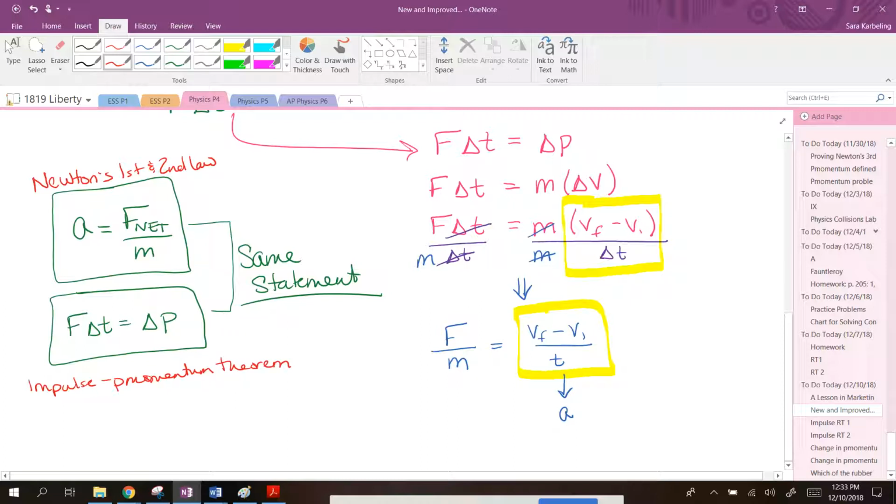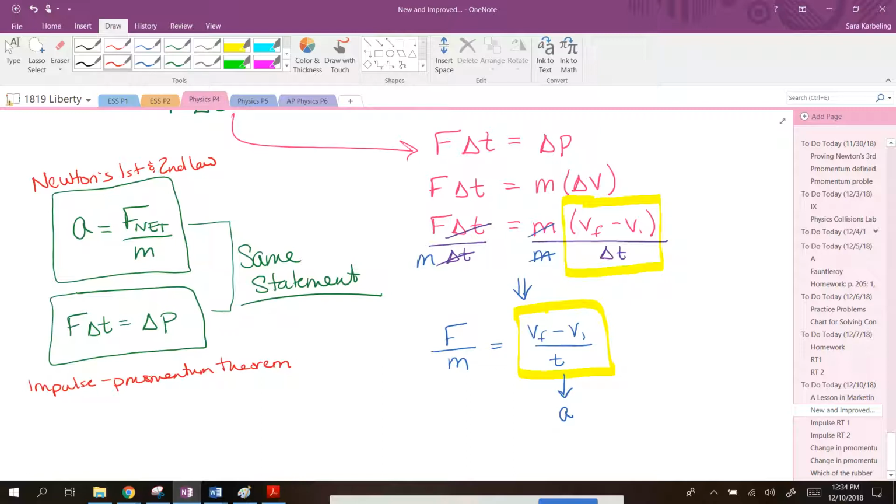But fun fact for you, if you go back and read Isaac Newton's Principia, which was the thing where he defined all of this stuff, when he wrote down what we now know as Newton's first and second law, it did not look like this top box. He wrote down this. This is officially, if you go back to his book, look at what he wrote. He wrote the impulse momentum theorem.